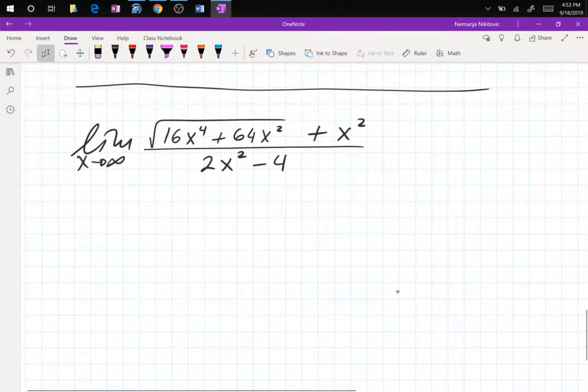So this is the problem. And what I just talked about is you picking up the highest exponent and dividing everywhere.